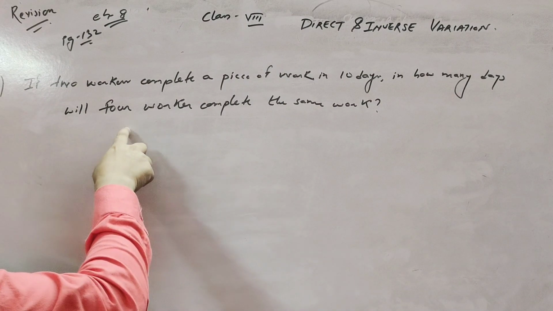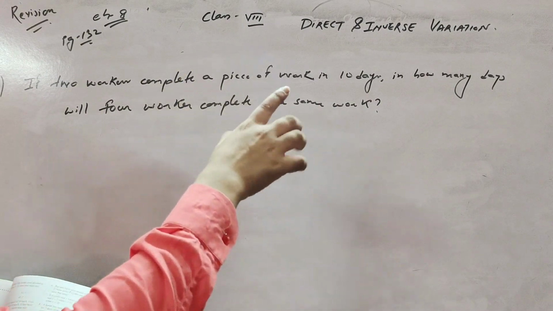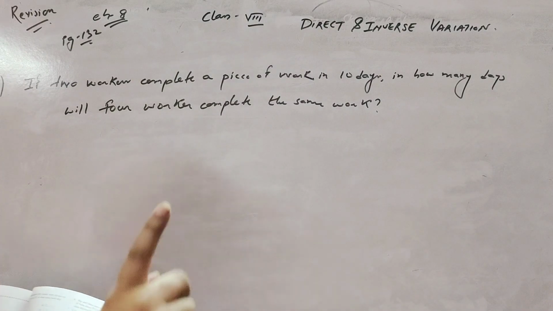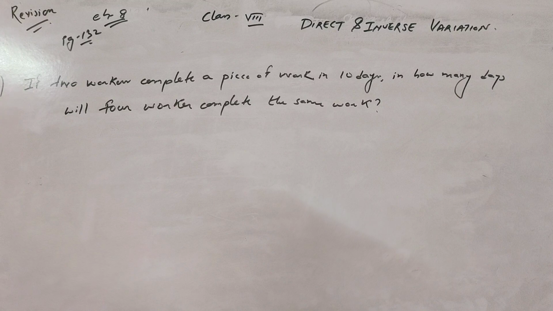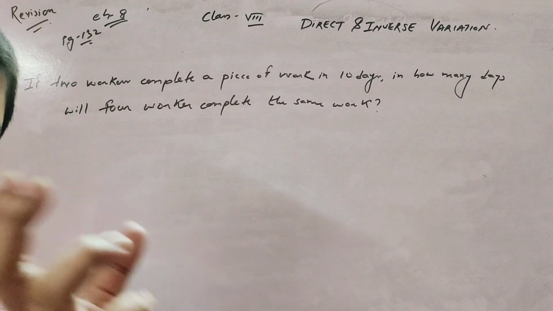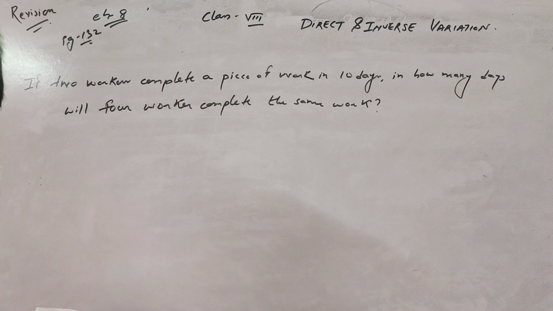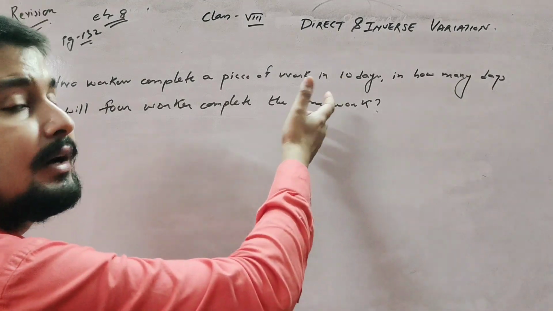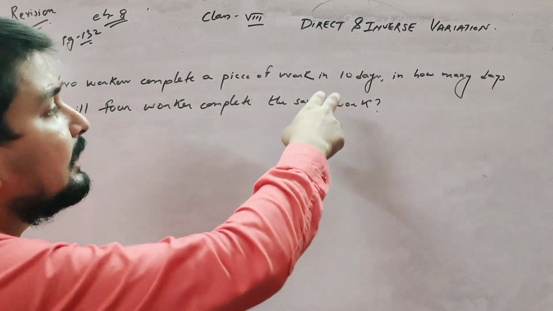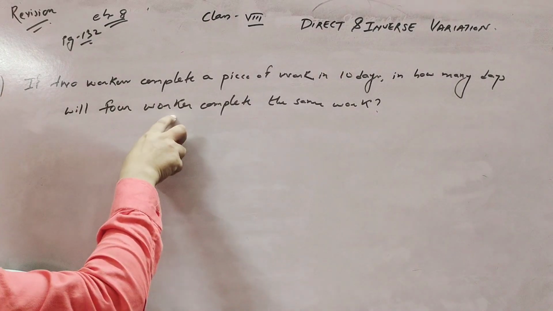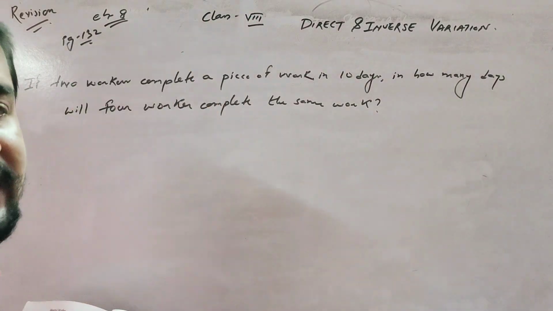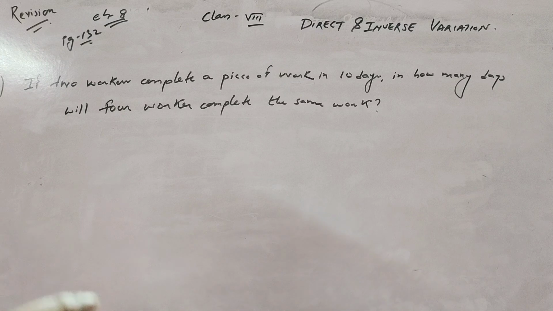That means the number of workers is increasing, but the days are decreasing. So naturally the number of days is less than 10. So this is inverse variation, one getting increased and another getting decreased.